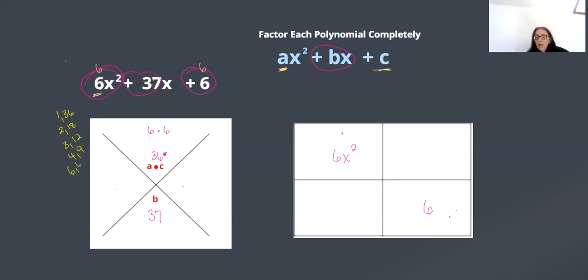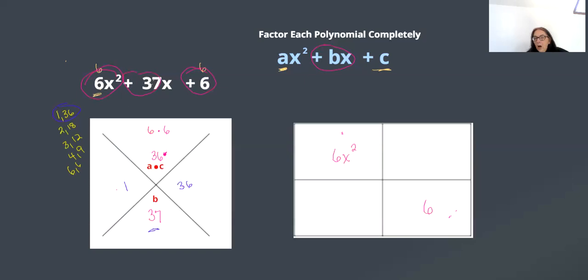So how do we decide which one to use? Because they all multiply to 36. Well, what else do they have to do other than multiply to 36? They need to add to, yes, 37 here. So which combination adds to 37? We got it right with the first one. 1 plus 36 gives us 37.